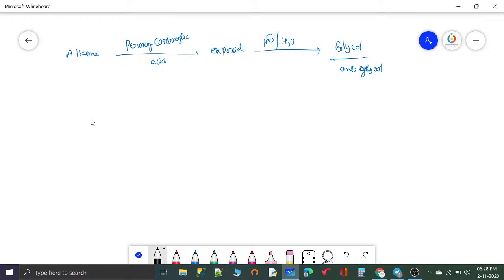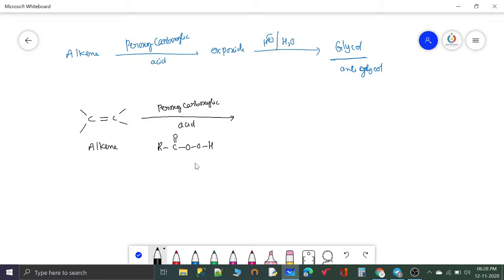You just take a molecule. This is a normal alkene representation. This alkene is subjected to some peroxy acid, peroxycarboxylic acid. I will take some general representation.